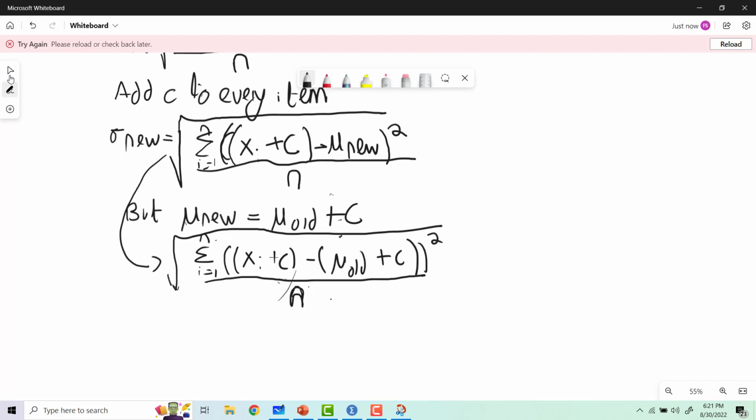Okay, and you can see here for every item in the sum we have a positive c, but we also have a negative c, so these just cancel out.